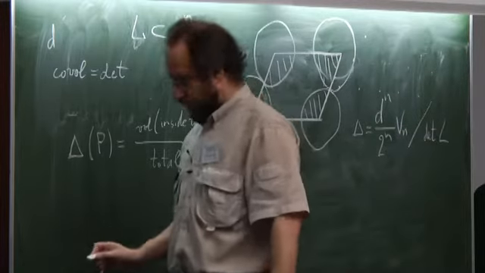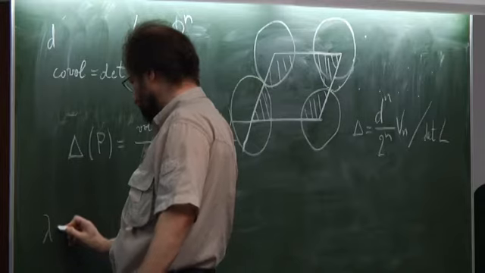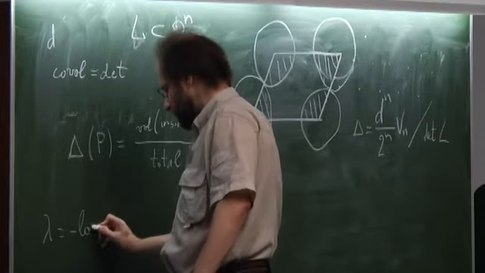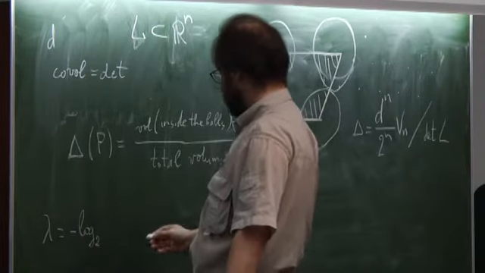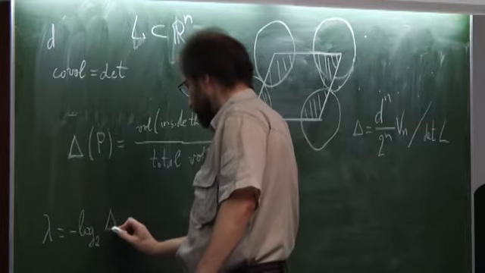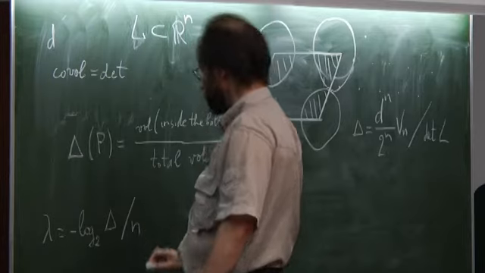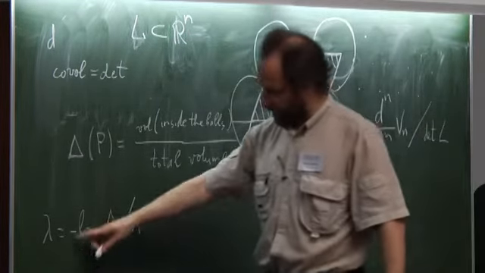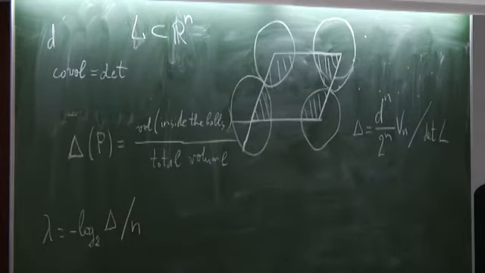So I say that lambda is minus the binary logarithm of delta divided by the dimension of the space. And this is the parameter I'm interested in when I consider asymptotics.